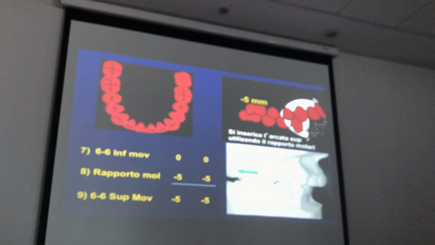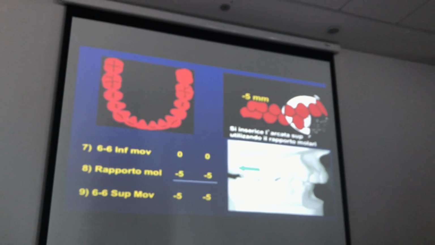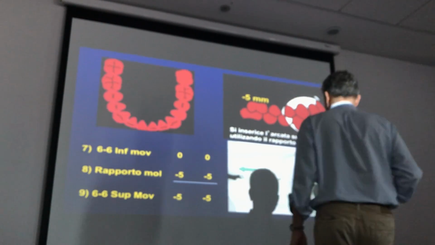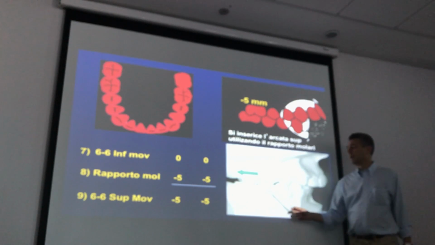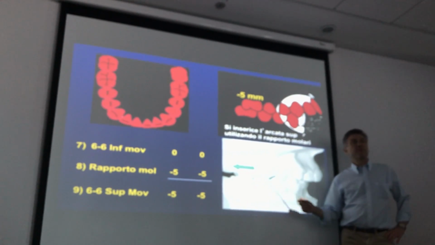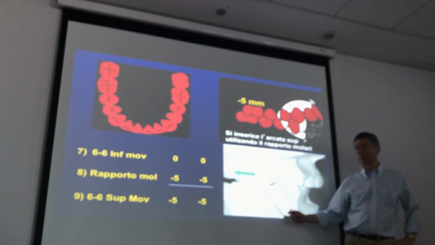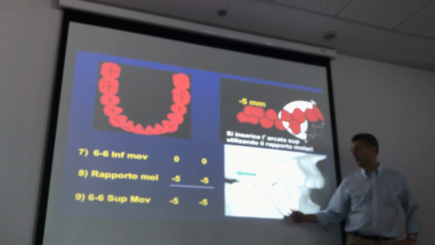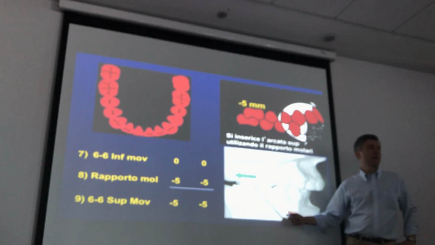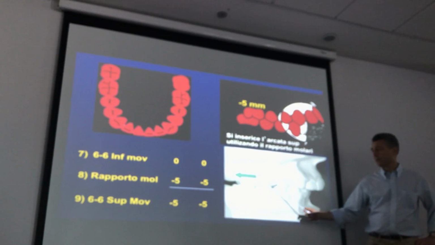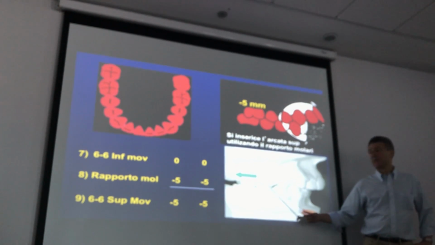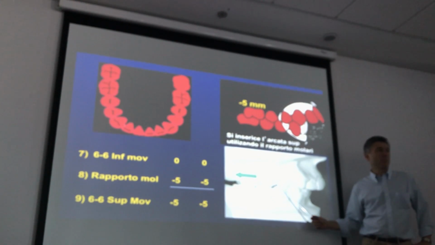But it's the same with each tooth. Think about it. If I have the first molar here, attached to the first molar there's a contact point, the second premolar. Attached to the second premolar, there is the first premolar.